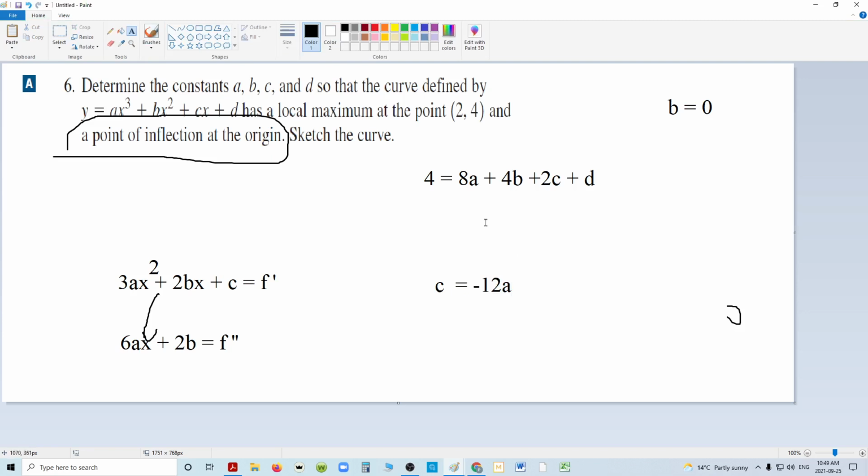And finally, we're left with this formula here. But we've discovered that b is 0, and we've discovered that c is minus 12a. What's 2 times minus 12a? Minus 24a.